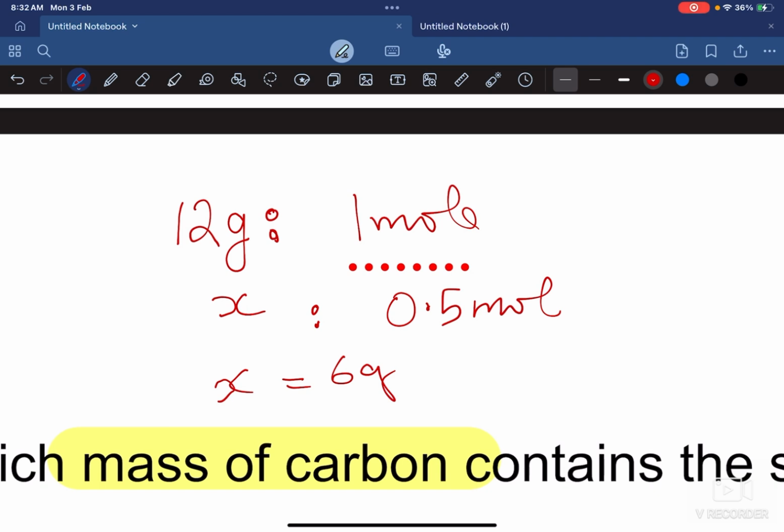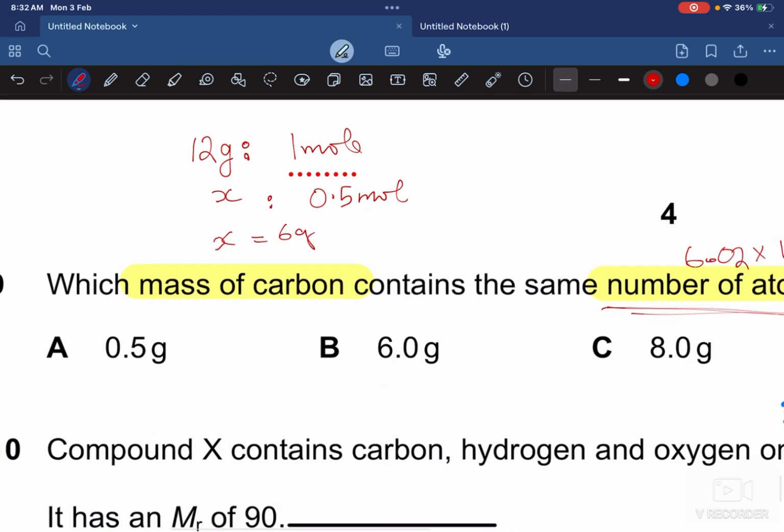That means you take 6 grams of carbon because it has 0.5 moles. And how did we get 0.5 moles? Because the sulfur we are taking is 0.5 moles. So that's going to be option B.